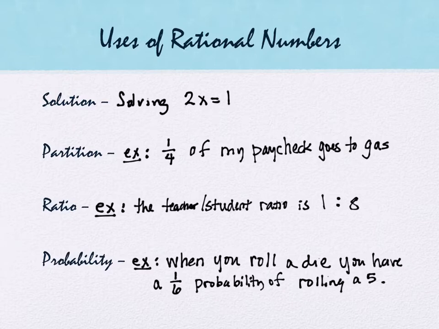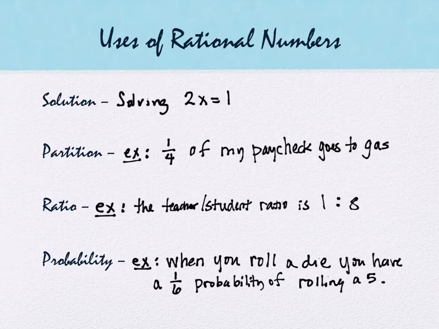Right? Standard 6-sided die, 6 sides, one of them has a number 5 on it. So probability is something that we will talk a lot more in detail later in this semester, but it's a use of rational numbers as well.